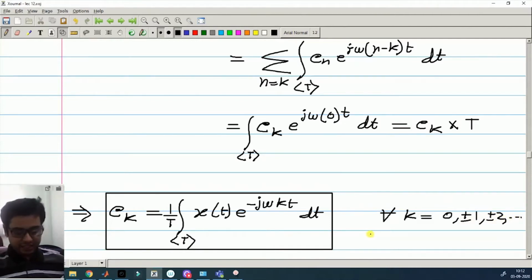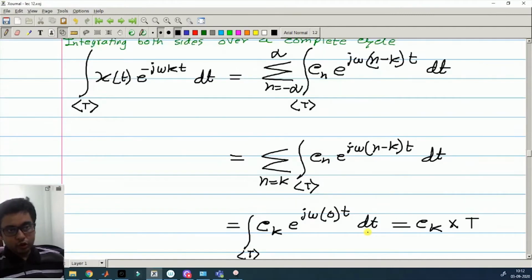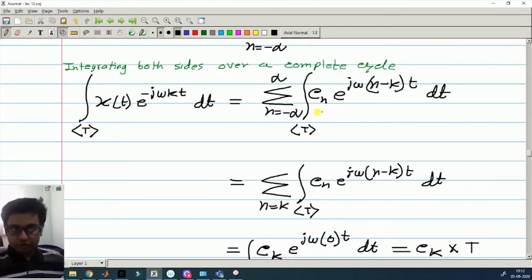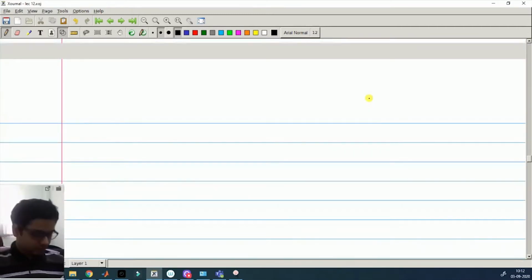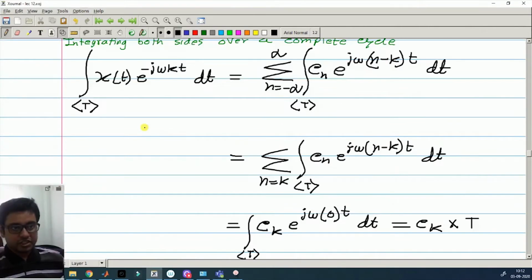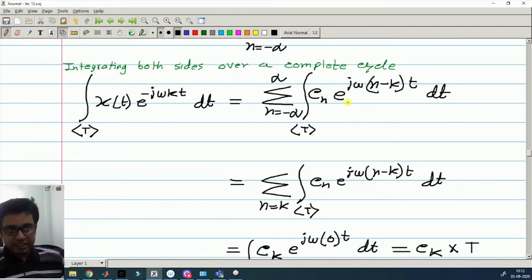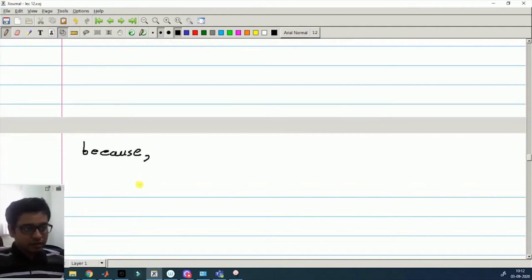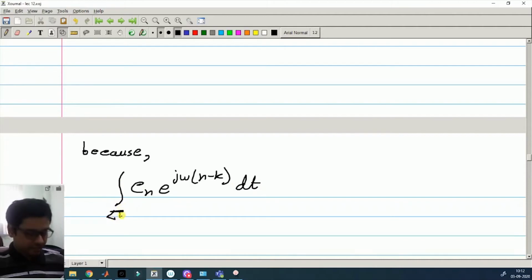Now let me also tell you why most of the terms in the summation are 0. For that, consider this integration, Cn e to the power j omega (n minus k) t dt integrated over a complete cycle.